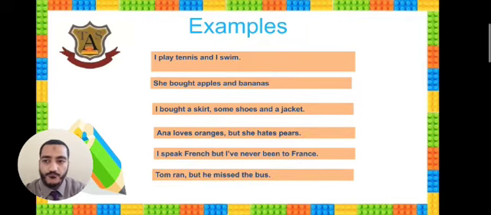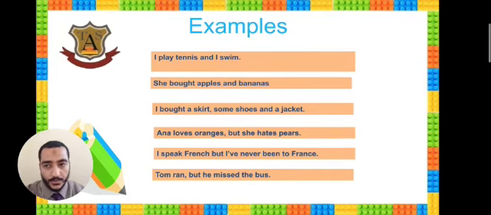The last one, Tom ran, but he missed the bus. I said this example before. Tom ran, but he missed the bus. Okay, although he ran, he didn't catch the bus, he missed the bus.